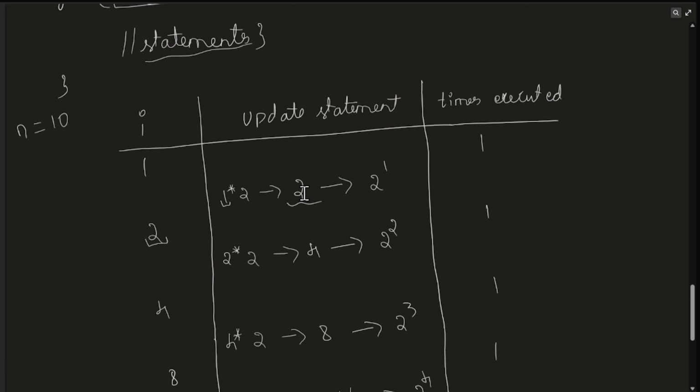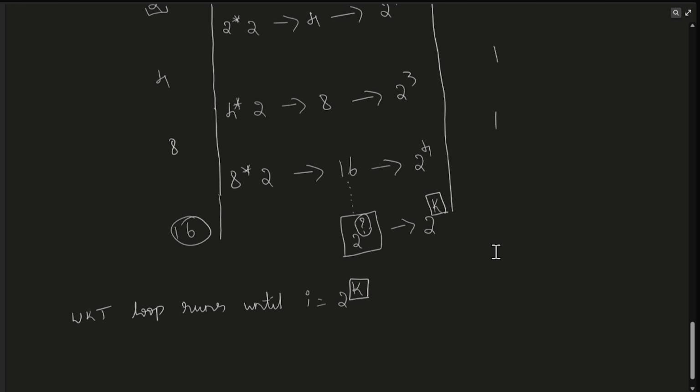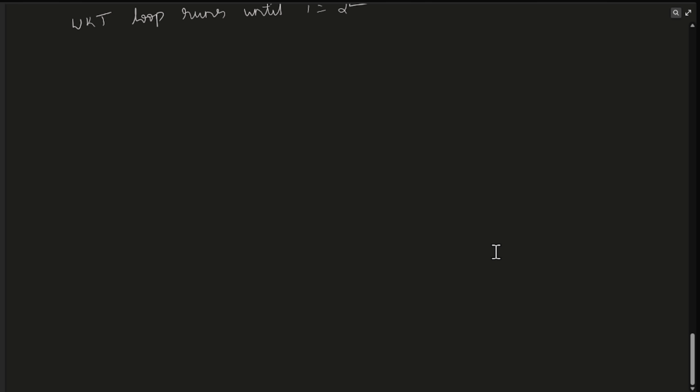When is our for loop stopping? Our for loop stops when i is greater than n. It runs until it is less than n, and stops at greater than or equal to n. We'll take that as a lead to find k.